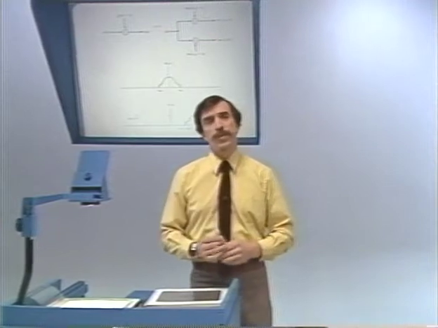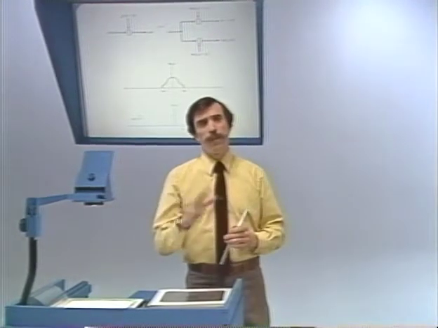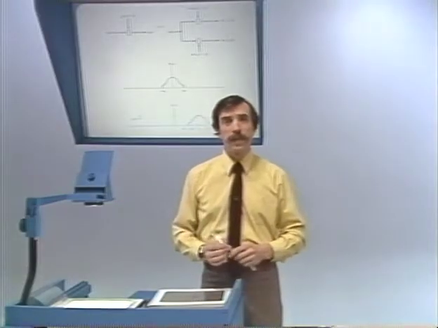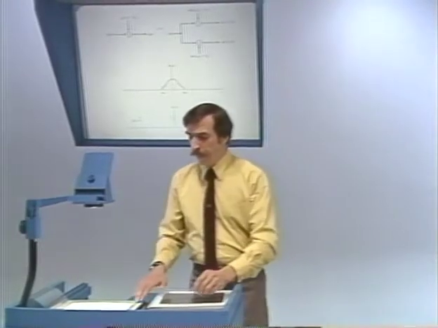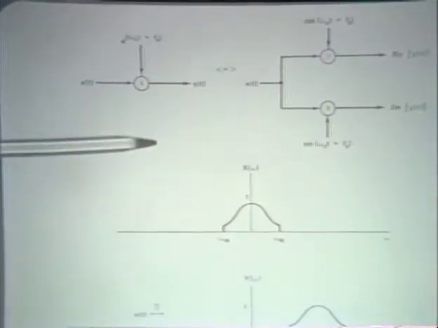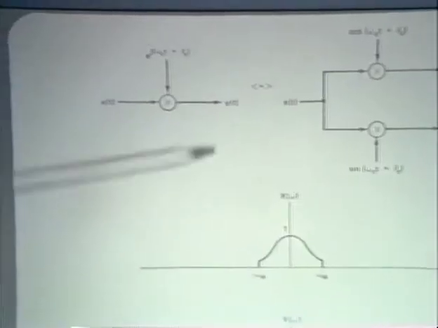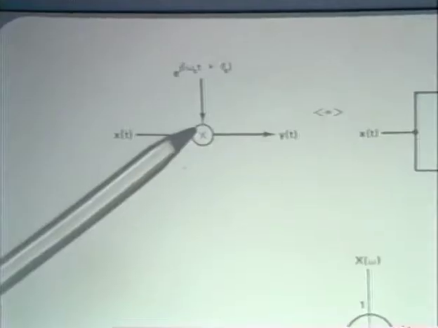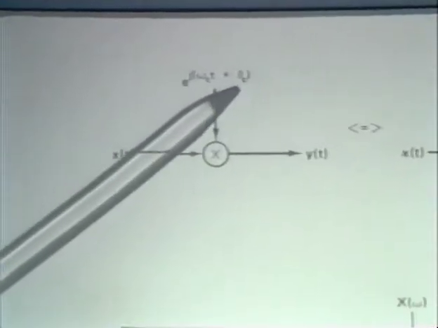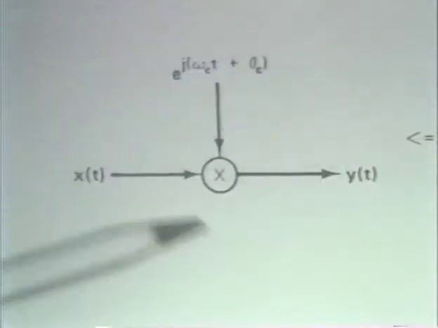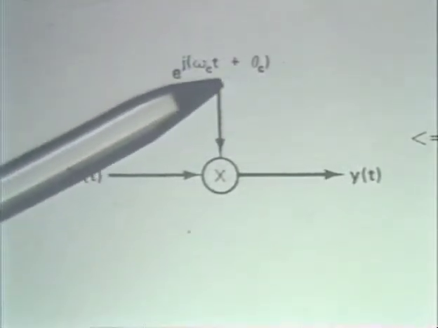Well, a complex exponential is complex. There's a square root of -1 in there, and you can kind of ask, well, how do we get a square root of -1? And the answer is fairly simple. Let's look again at the modulator, which we have here. And in effect, what that says is we want to multiply a real valued signal by e to the j omega ct plus theta c. Now, we can equivalently use Euler's relationship to break this down into a cosine and sine term.